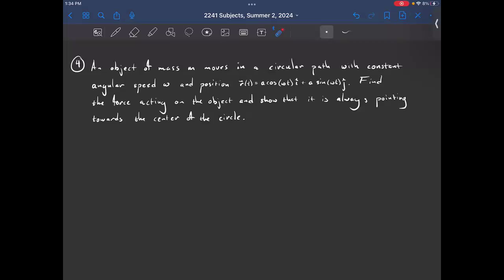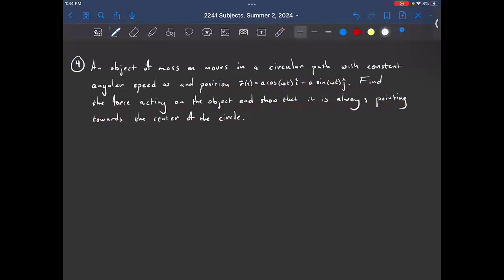And what do they want? Well, they've also given us this position function. Notice that it is in the plane. It's a circular path. It has to have no torsion. And they say, find the force acting on the object and show that it is always pointing towards the center of the circle. Okay, well, let's see.